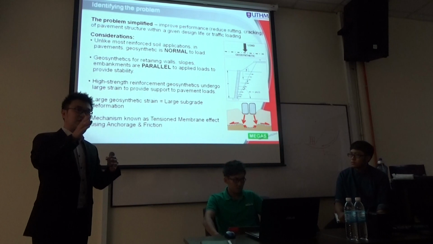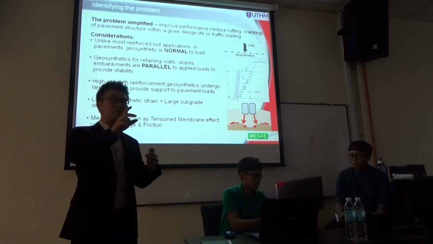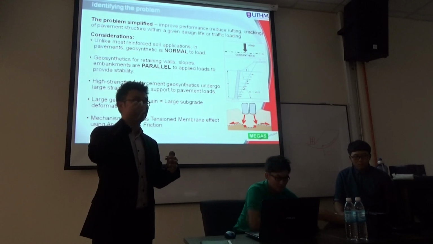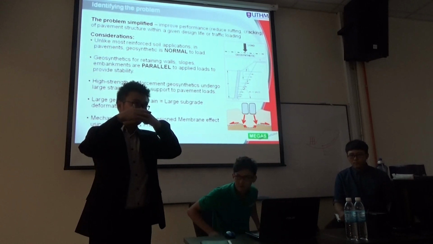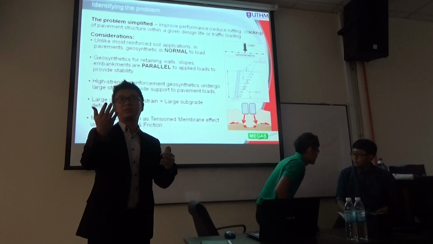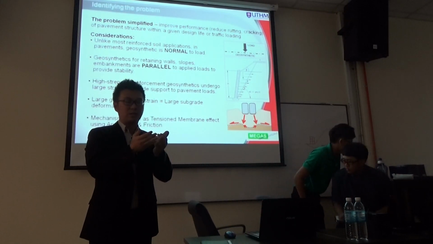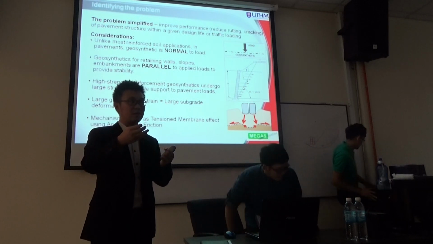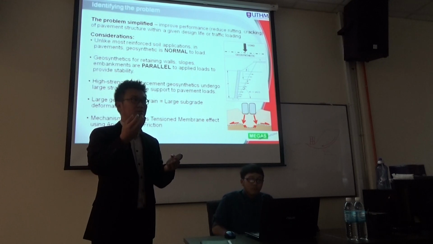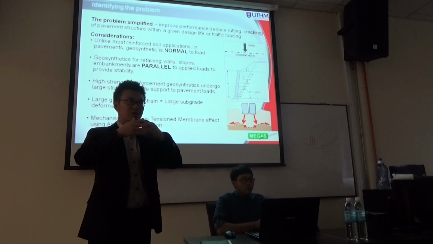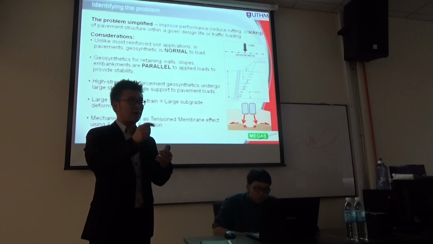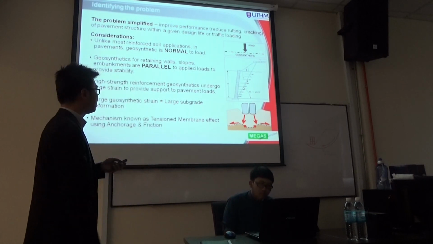We understand all these geosynthetic materials have high tensile strength, and to achieve their tensile strength, it has to elongate. If you have a chance to study some of the specification sheets of the tensile strength type of material, you will understand that you need to achieve a certain strain to achieve the tensile strength. I will illustrate it later.